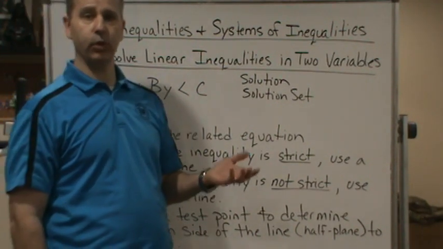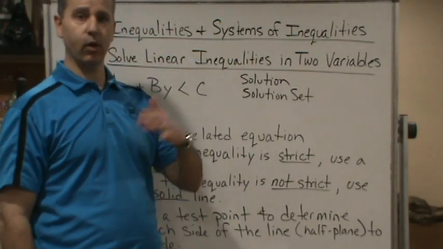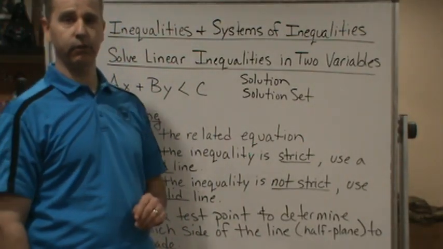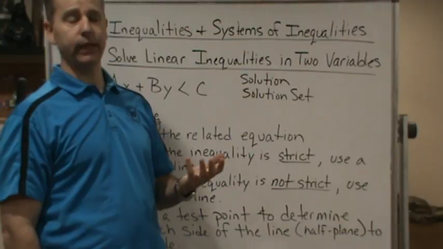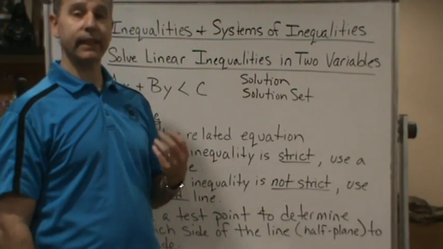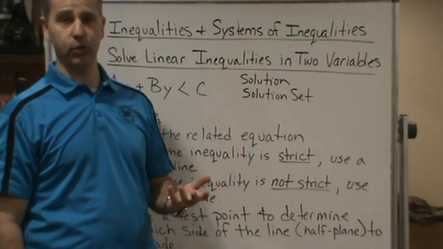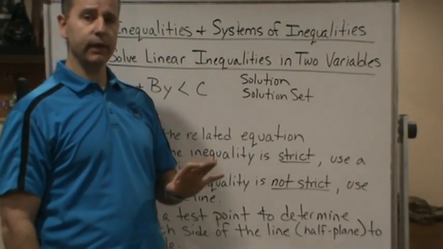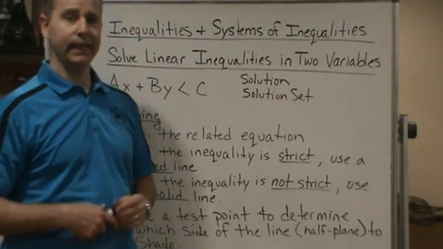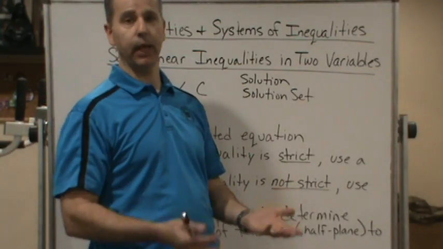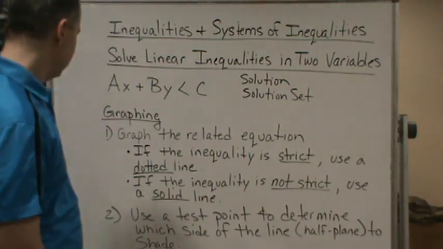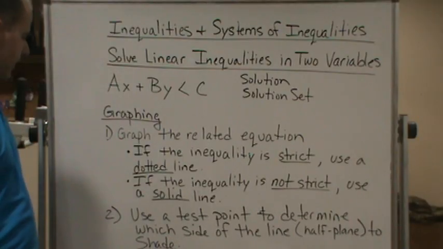The origin will usually land on one side or the other side of the line. The only exception is if the line actually goes through the origin, then we're going to have to use a different point. But the point is you want to use a point that is easy to plug in.